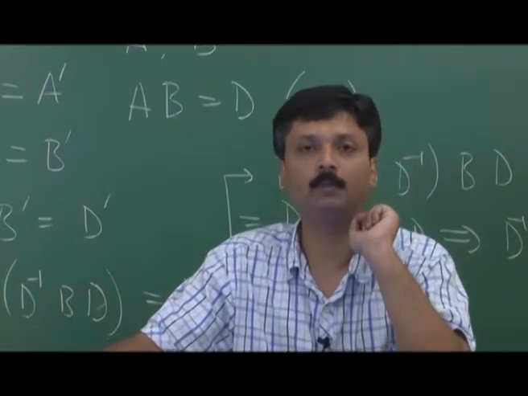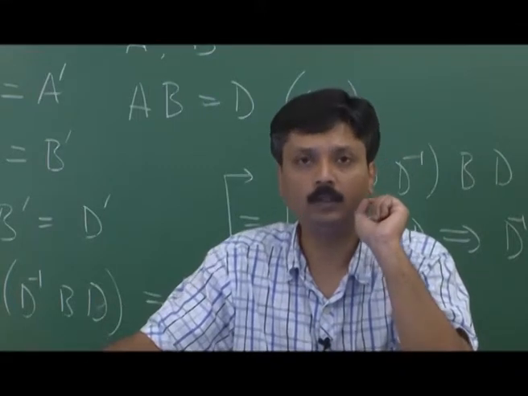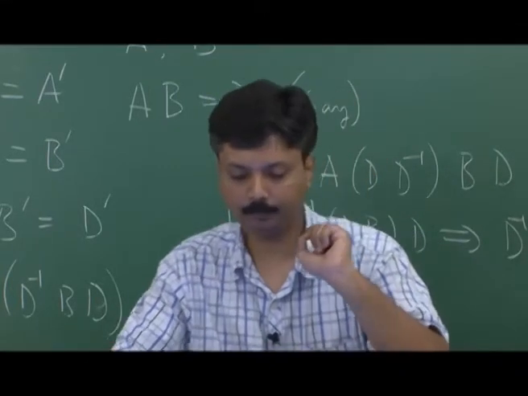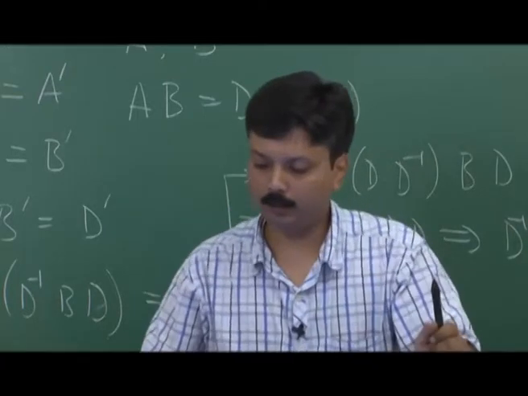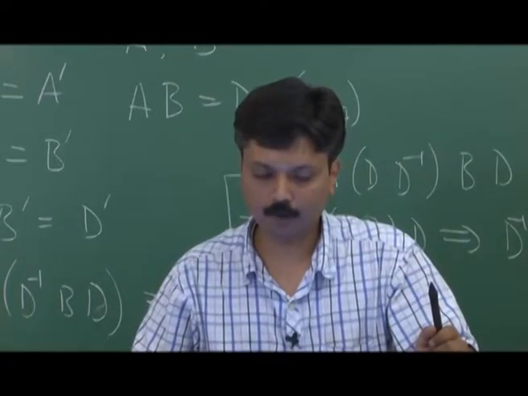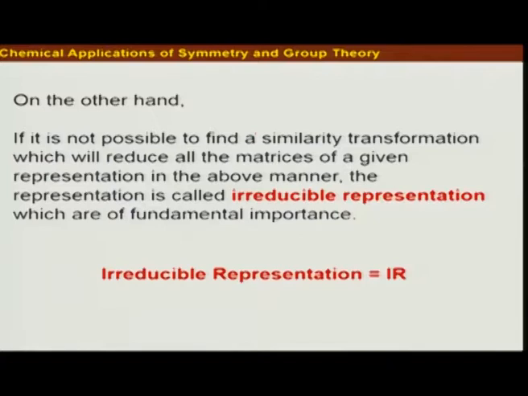Then the original representation that I formed is called a reducible representation. On the other hand, if it is not possible to find a similarity transformation which will reduce the matrices of a given representation, the representation is called an irreducible representation, or in short IR. We will be using this term very often henceforth: irreducible representation, or in short IR.